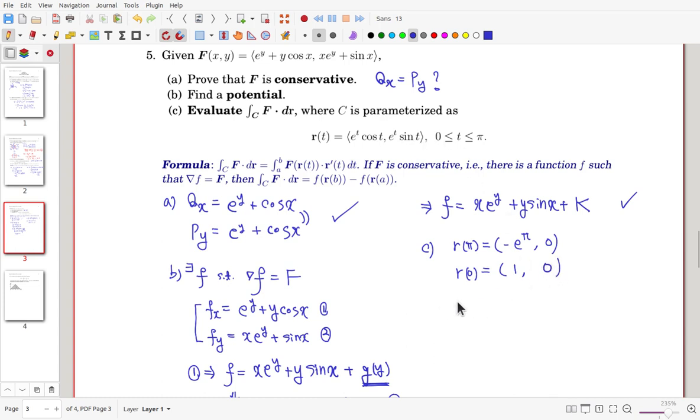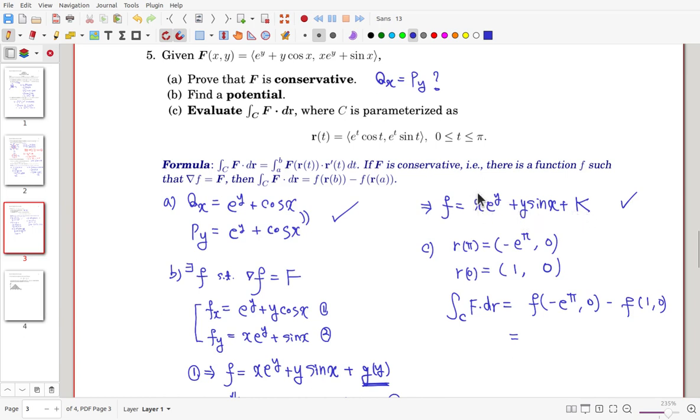So the given integral over C of f dr is the same as f at the terminal point, minus e to the pi and 0, minus f at 1 and 0. X is minus e to the pi, y is 0, so this portion is 0.